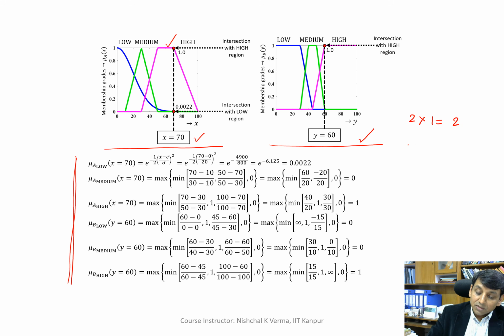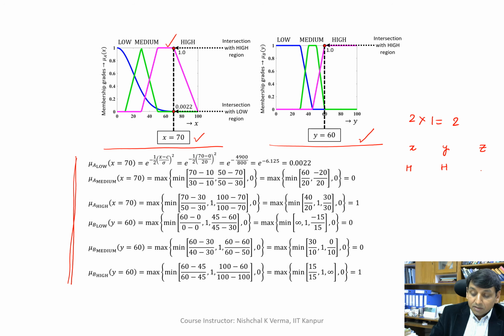When x is falling in high and y is falling in high, what is going to be the output z? We get this by inspecting the fuzzy rules that are given to us.